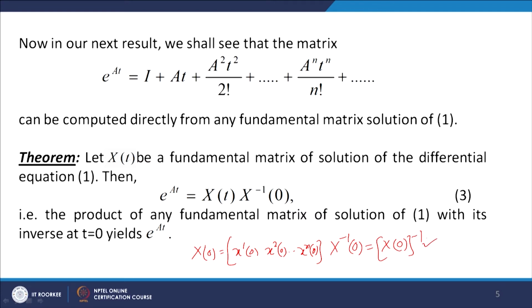So, in order to determine the matrix e to the power At, we need to know a fundamental matrix of the vector differential equation and then the inverse of the matrix X(0). The product of the two will then give e to the power At.